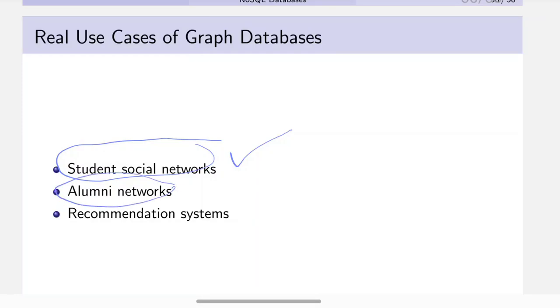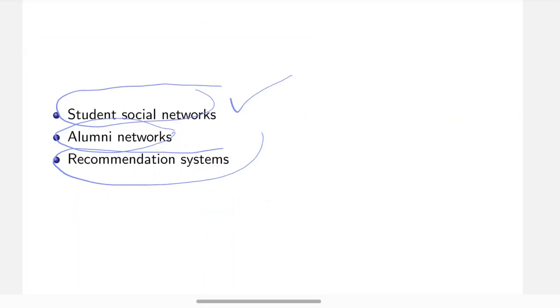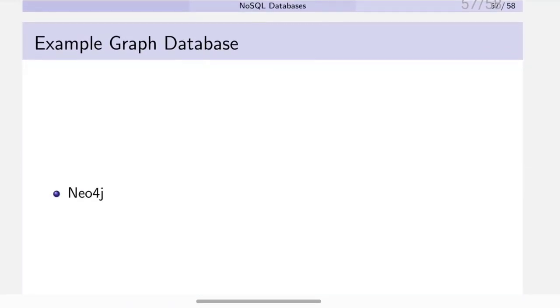For example, if a senior got placed in a certain company, you need to get some connections, right? So graph based databases help in such conditions. And the last one is recommendation systems. An example of a graph based database: a popular graph database is Neo4j, which is used by many large companies.